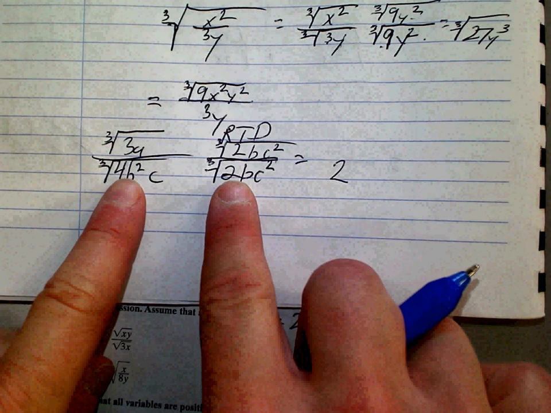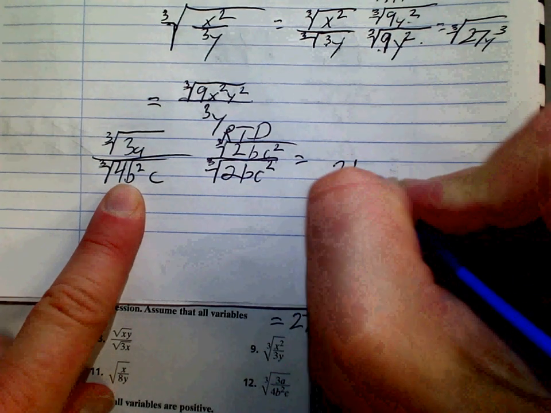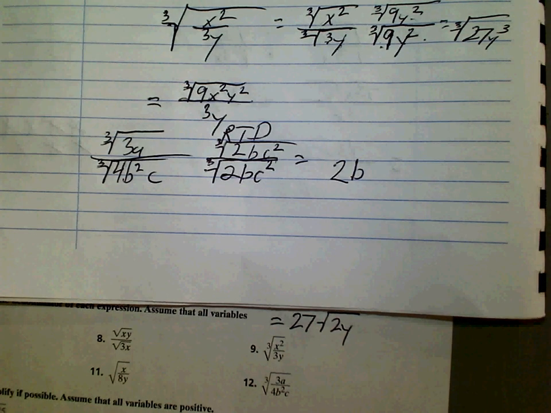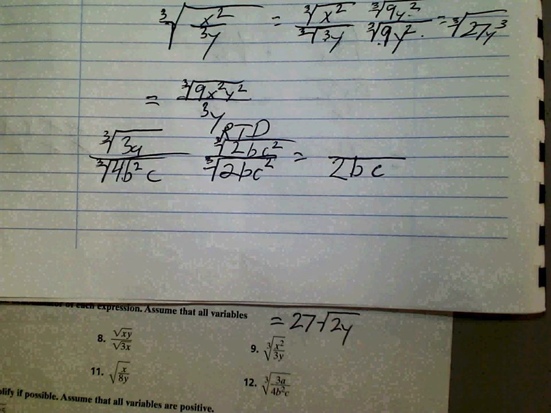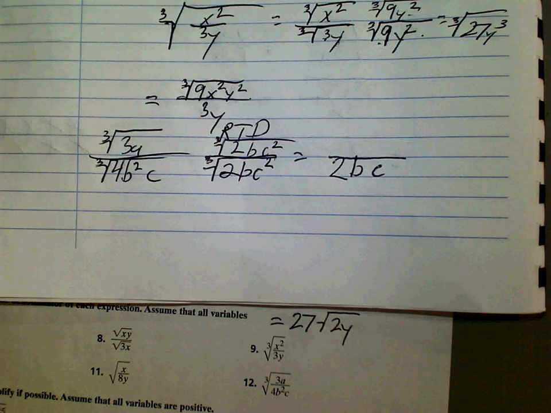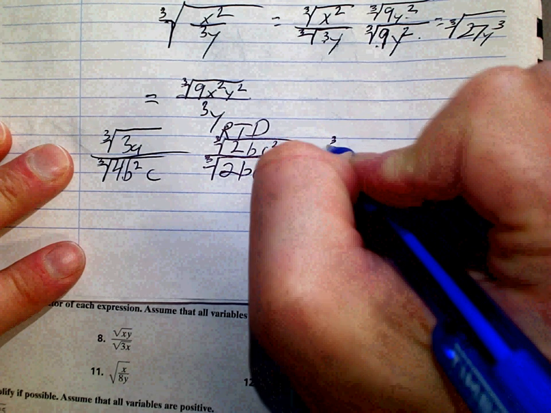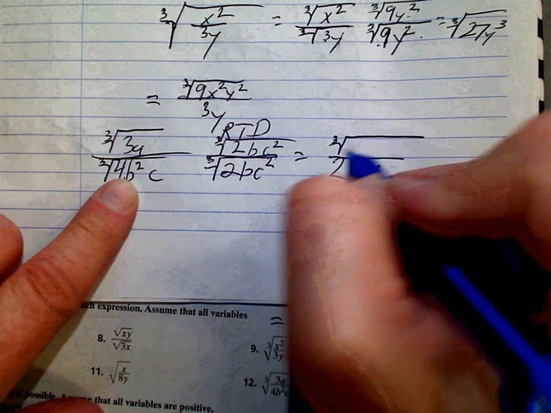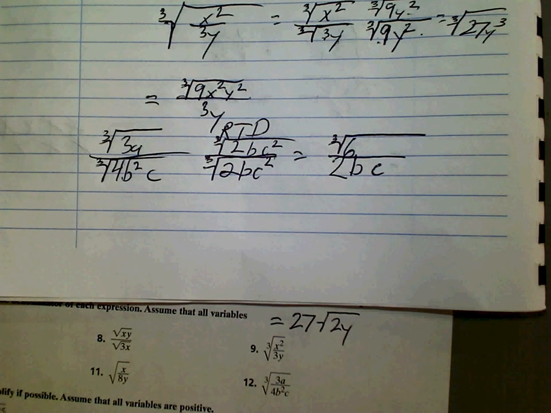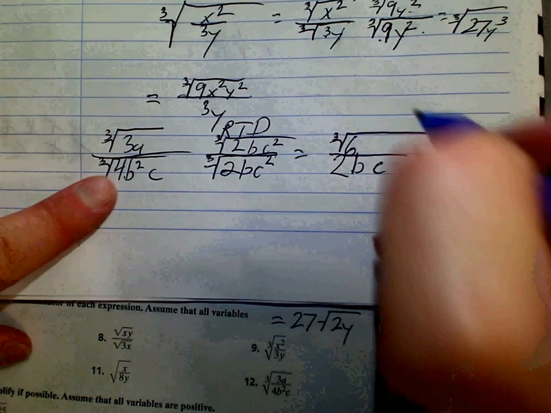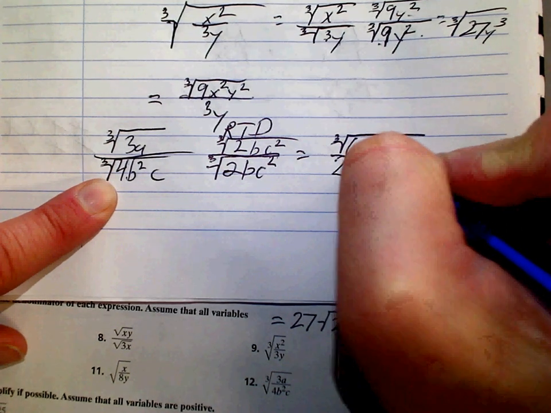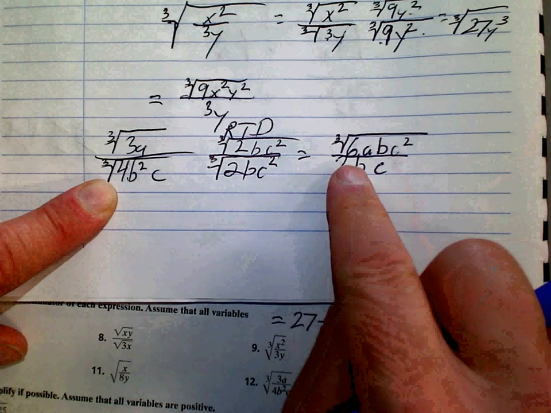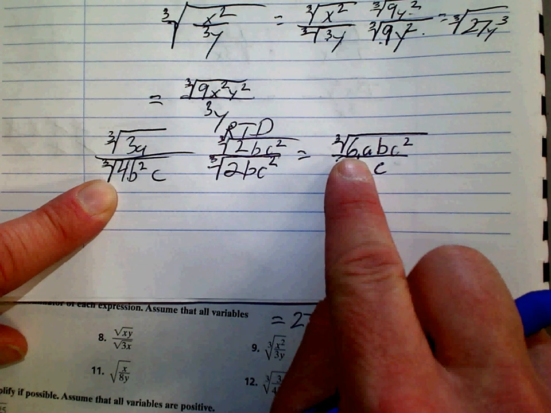What's its cube root? So the denominator, the radical sign goes away. The numerator will be the cube root of 6. Y'all agree? A and what? B. C squared. Does 6 have a cube root? Does A, B, C squared? No. So we can't go any farther than that.